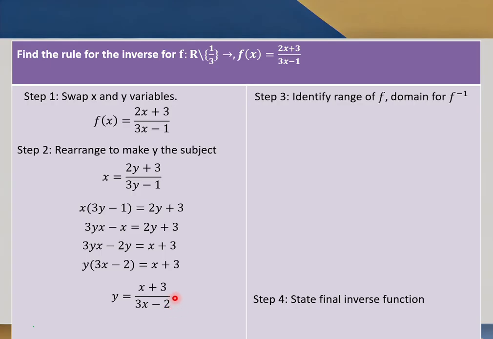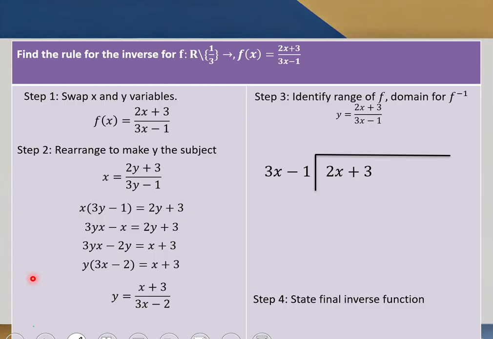Now we just need to be able to identify what is the range of f and what is the domain for my inverse. So just quickly, one way we can do that is we can change the form that this is in. So we already know the domain, which will be all real numbers except for 1/3 of our function. But if I wanted to change this form, I've just got divide.